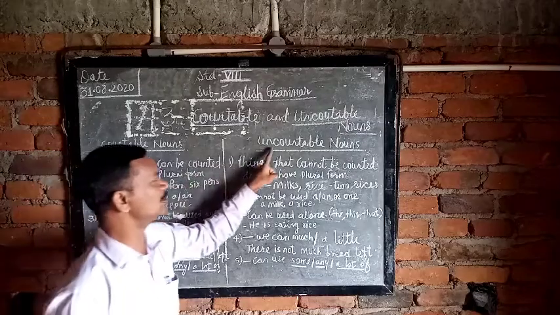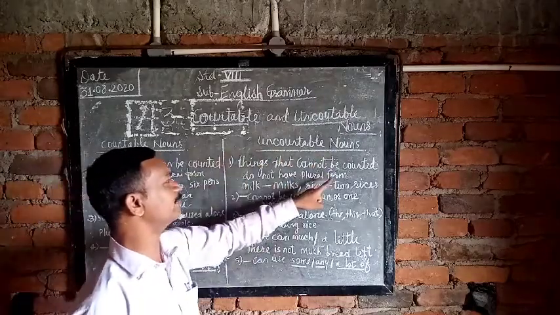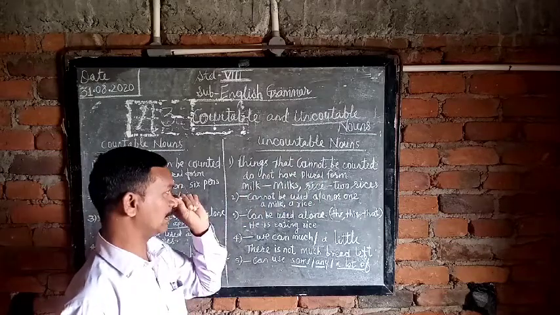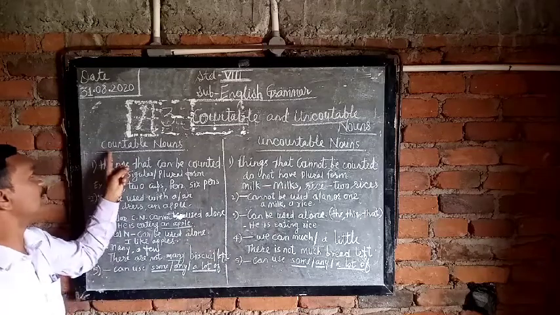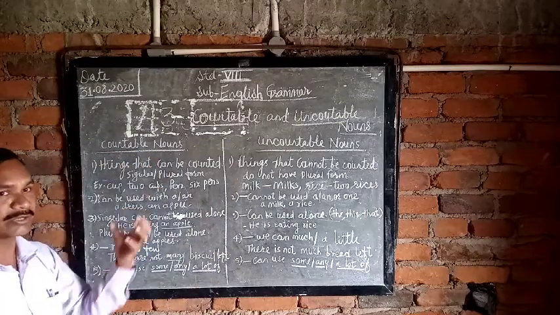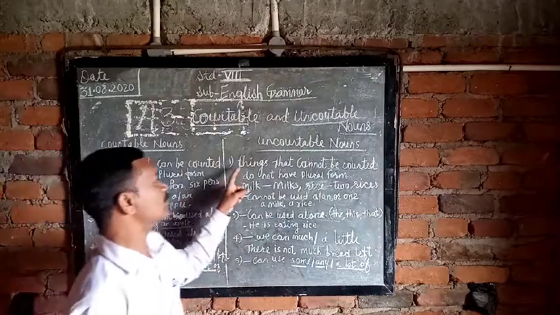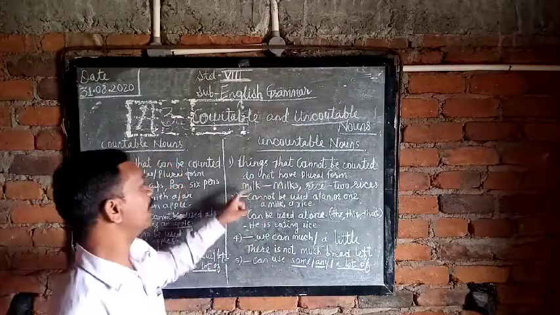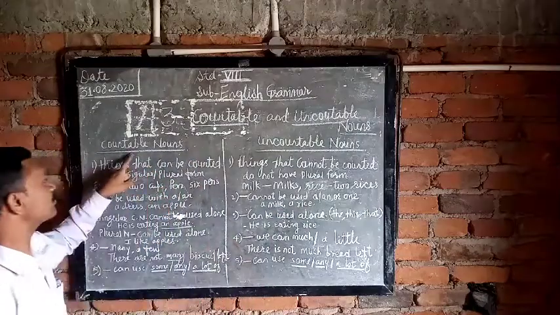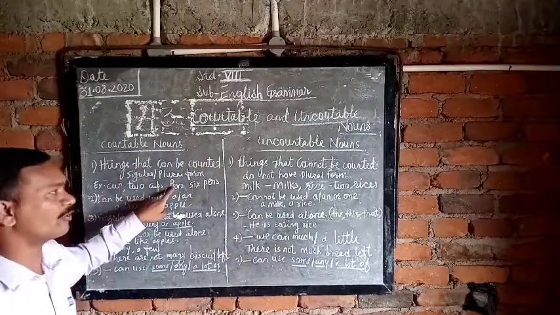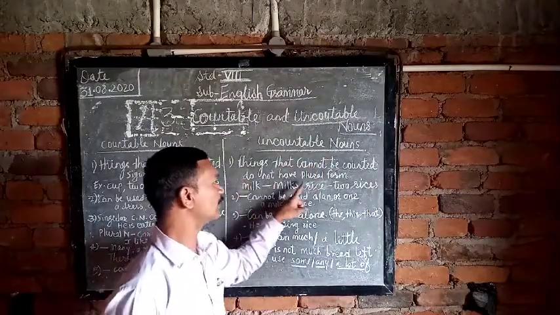But when we are discussing uncountable nouns, they are things that cannot be counted. वो हमें count करना नहीं आते. But in countable nouns we can count 1, 2, 3, 4. Things that cannot be counted do not have any plural form. Countable nouns have singular and plural forms, but uncountable nouns do not.